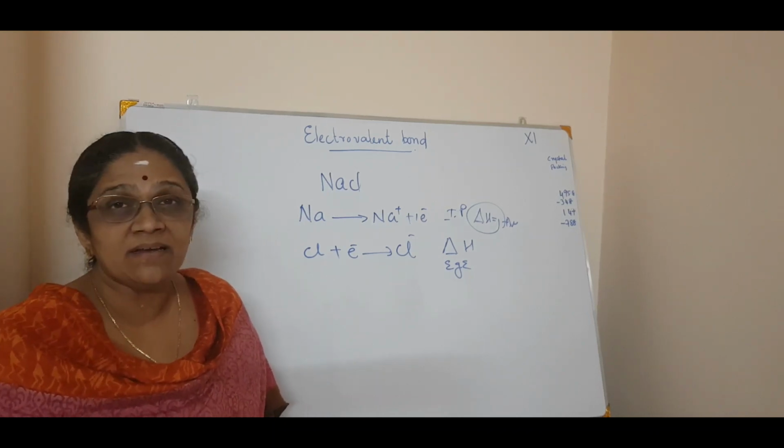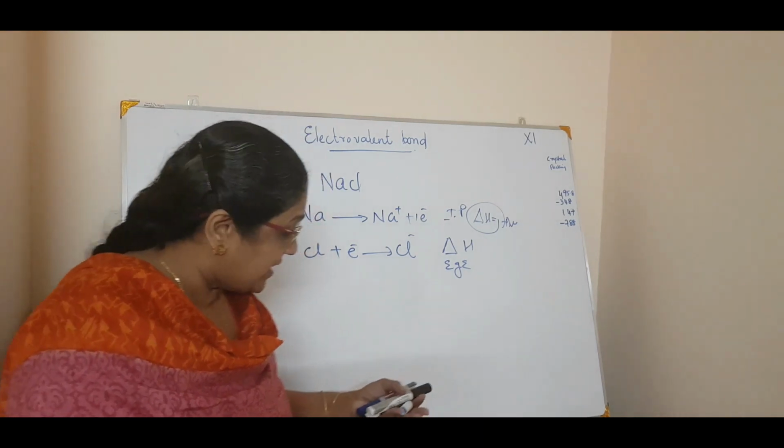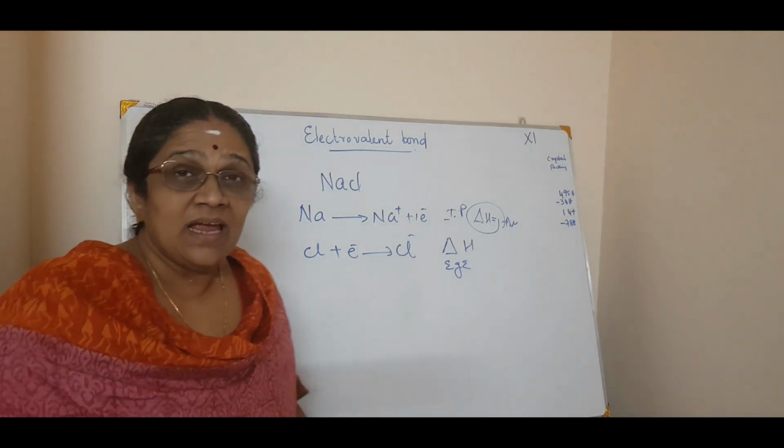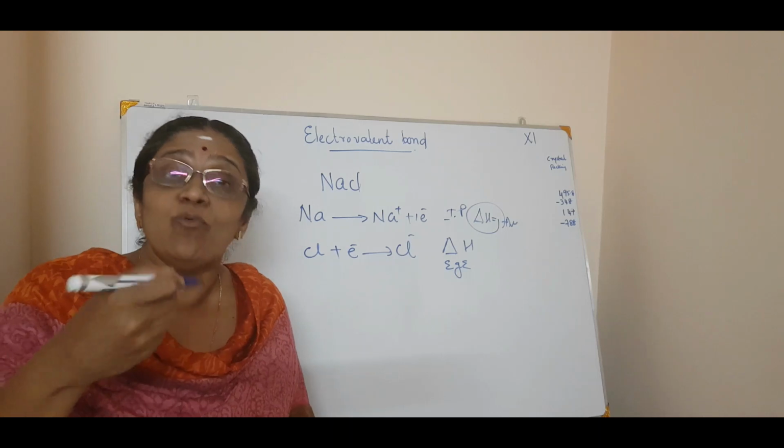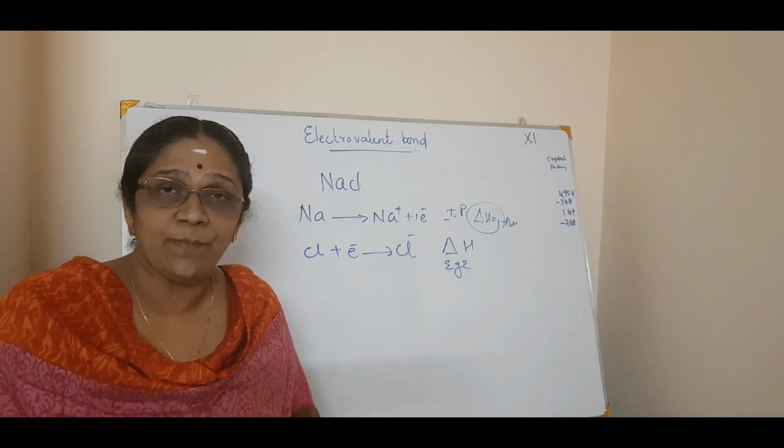So what do you mean by that? Simple. IP is low means what? IP low means it is very easy to remove an electron. Then only the IP is easy.